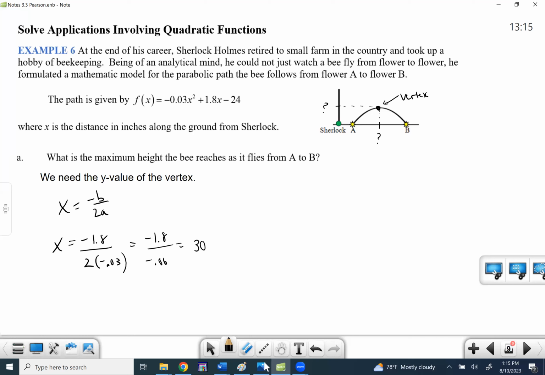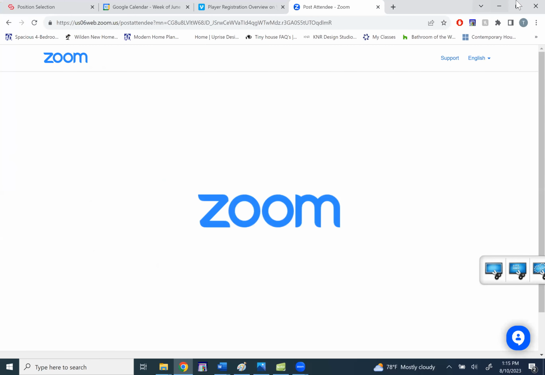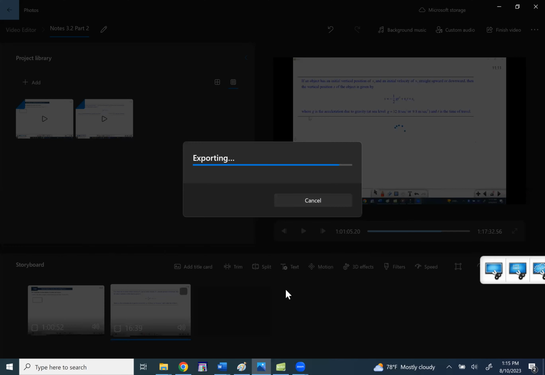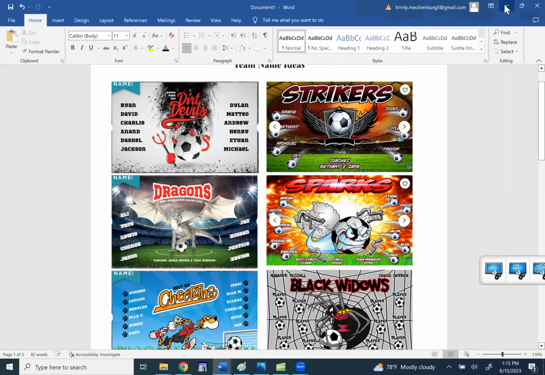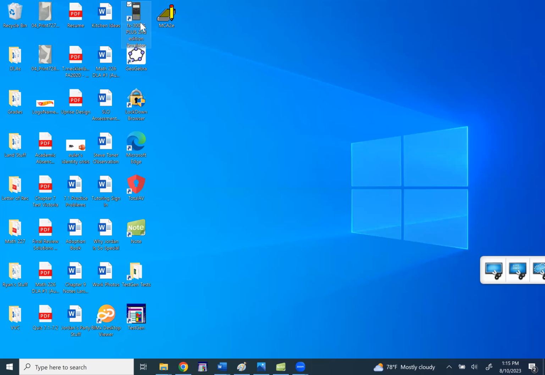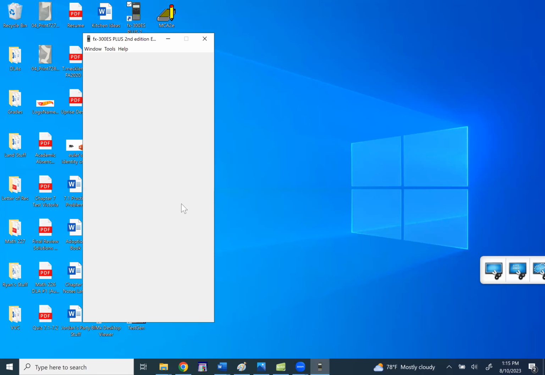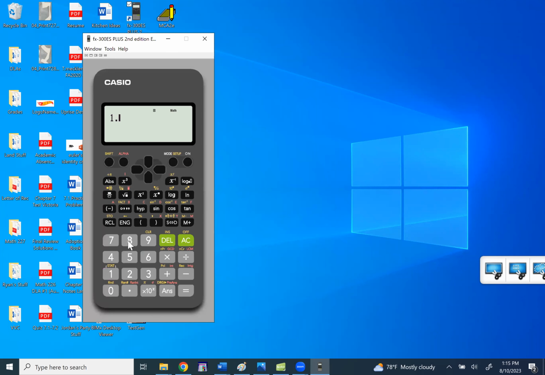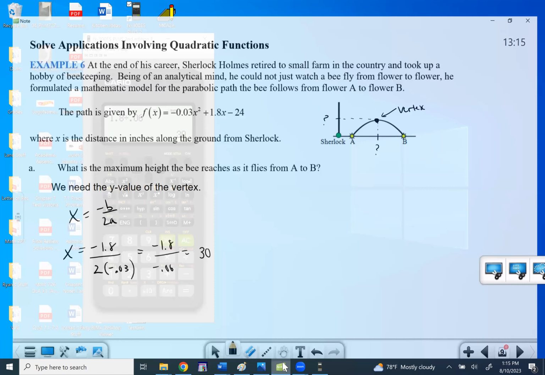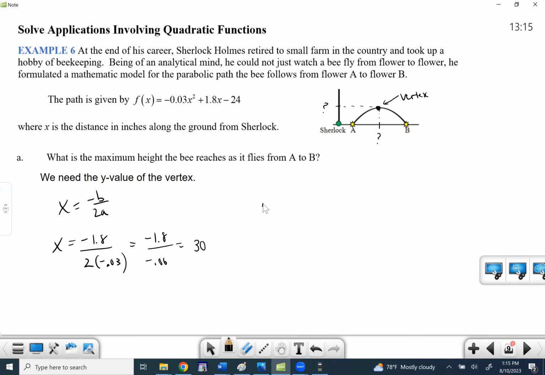Okay, well, let's just double check. 1.8 divided by 0.06. There it is, 30. Let's talk about how I think of that in my head really quickly.